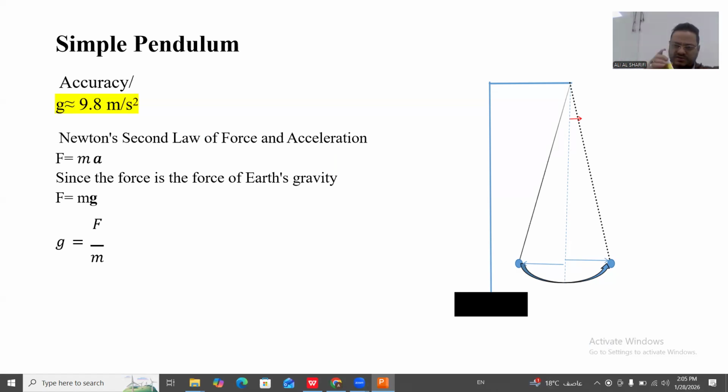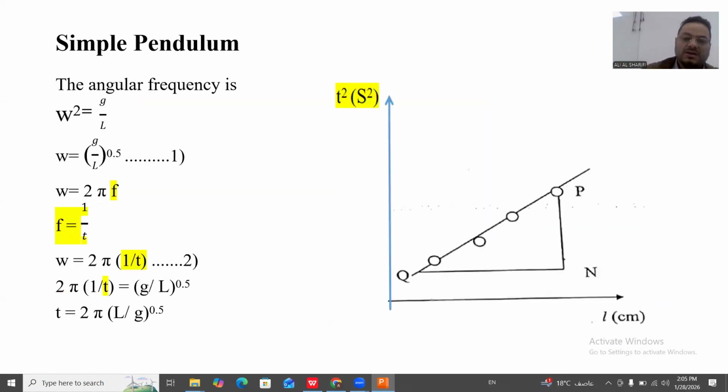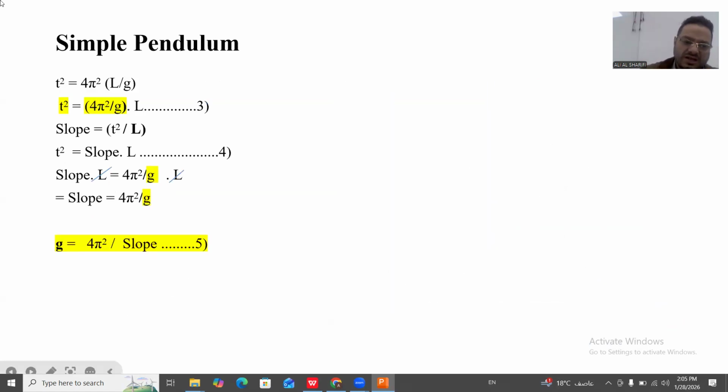But when we talk about the gravitational force, the acceleration should be g, okay? Because we are talking about the Earth's gravity. It's necessary to say where we get this formula: the acceleration due to gravity equals 4 pi squared divided by the slope.